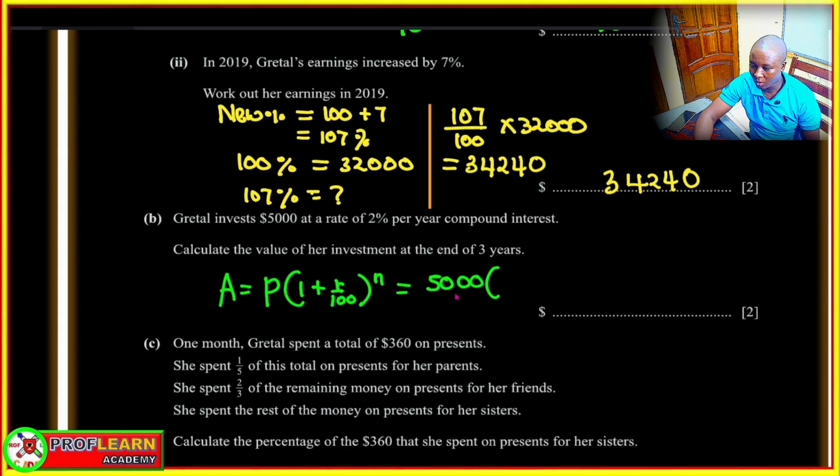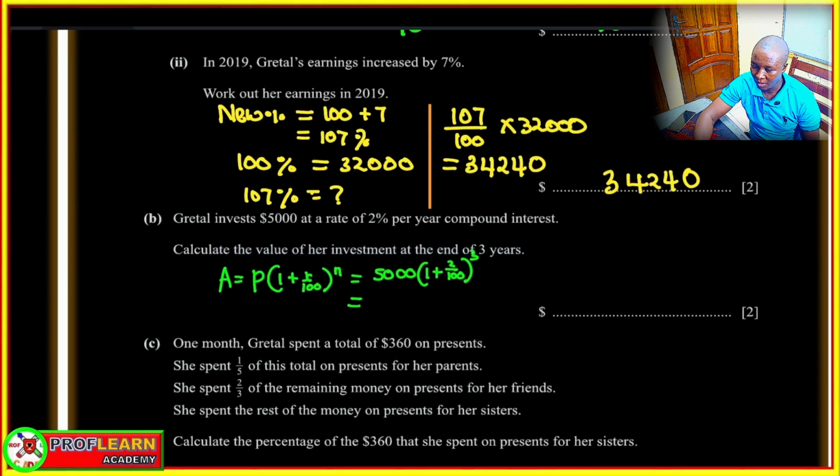Then if we substitute the principal and the rate that was given for 3 years, we can work it out, and if we round this, it is going to be 5,310. So this is going to be our value.